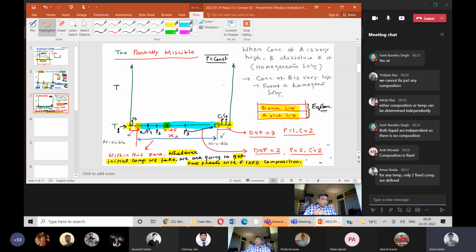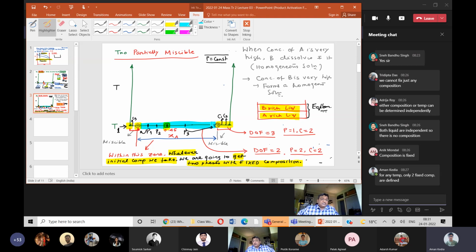So the moment you say you are looking at a system which has two phases, that means you are looking at the immiscible part of the phase diagram, right? And once you are looking at the immiscible part, you can take whatever initial composition, but you cannot create a liquid with that particular composition. You are going to get two phases as you have opted, and the two phases will have fixed composition. Is it clear to everyone?